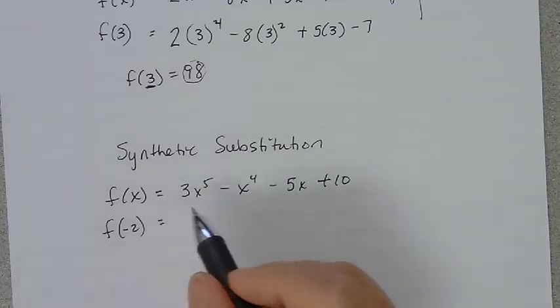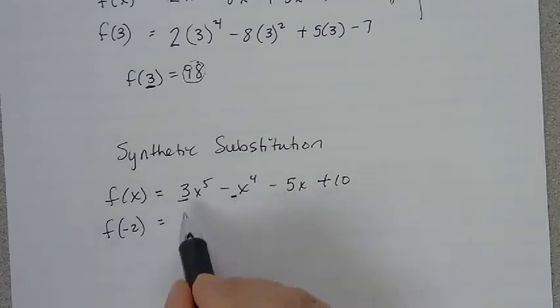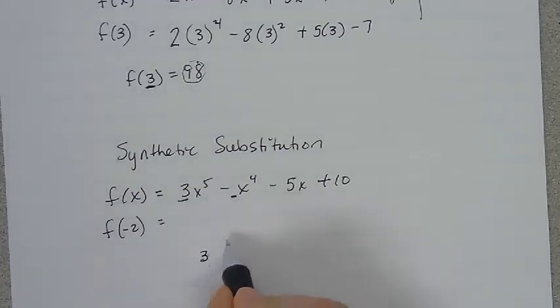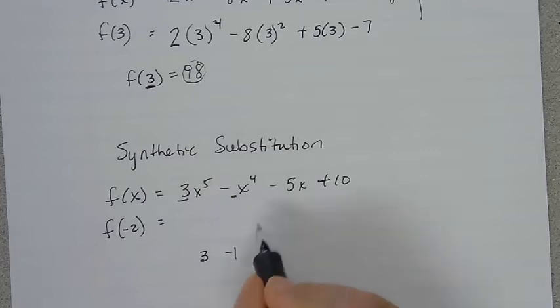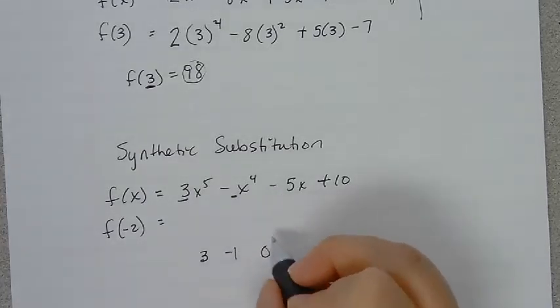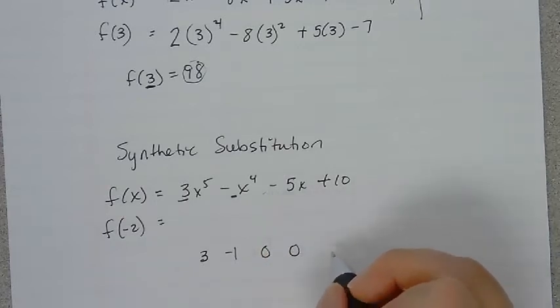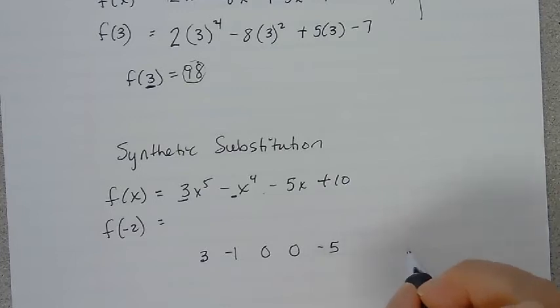With synthetic substitution, you take the leading coefficient of all of the terms. So I have 3, negative 1. Now notice there's no x to the 3rd power, so I'm going to have to put a 0 for that. There's no x squared power, so I'm going to put a 0 for that. There's a negative 5 for x to the 1st, and a 10 for the constant term.